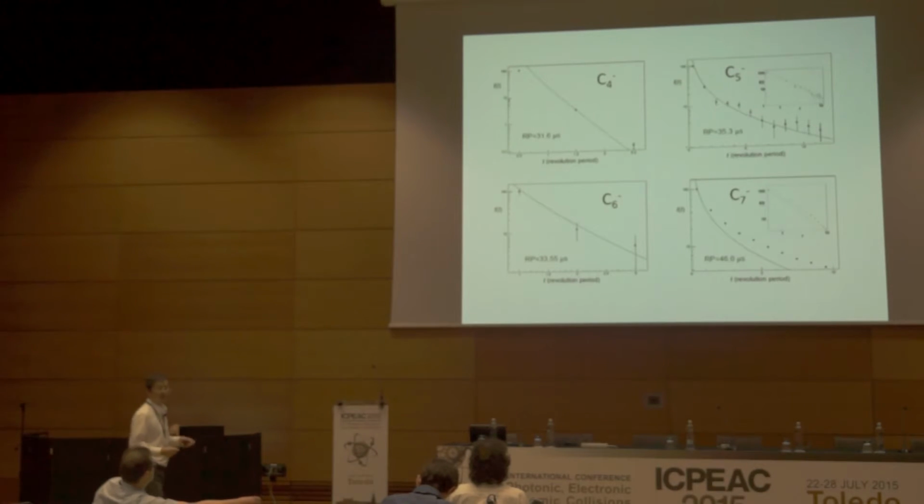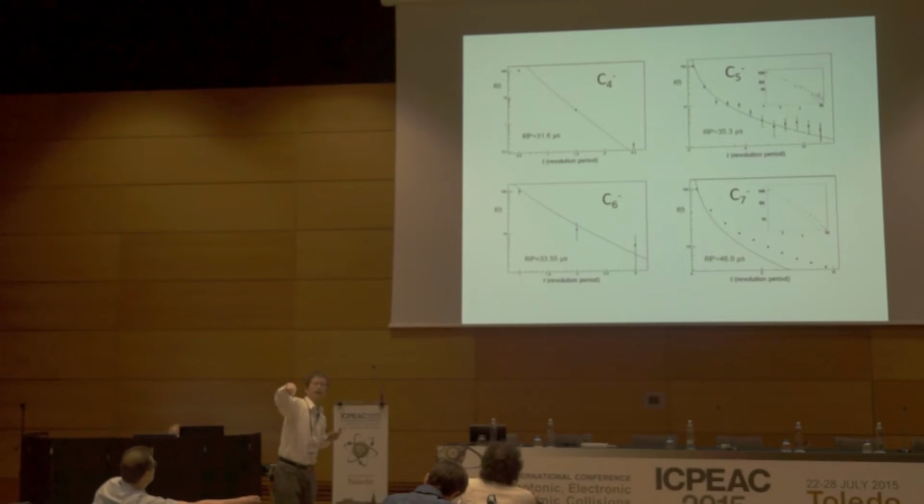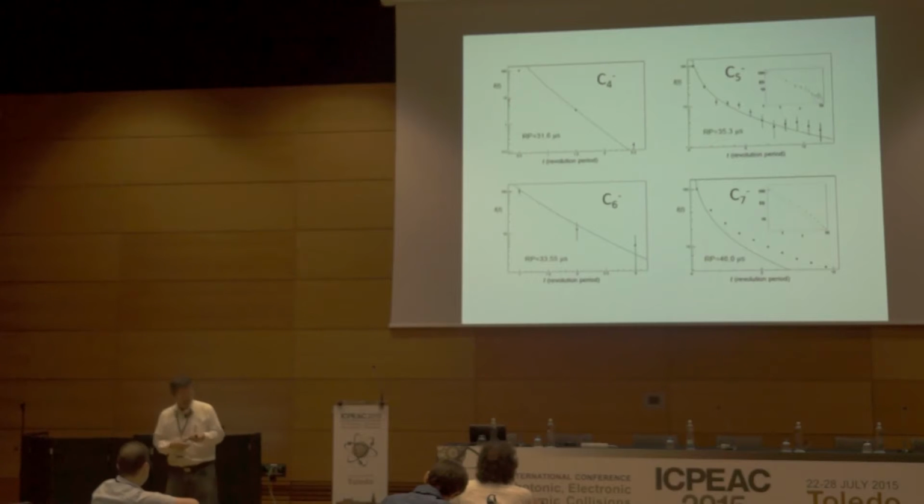You can see a big difference for even and odd numbered clusters. For C4 minus, for example, during just 2 revolutions in the ring, the neutral yield decreased 3 orders of magnitude. So it decreased very quickly. And for C6 minus, a 2 order of magnitude decrease.